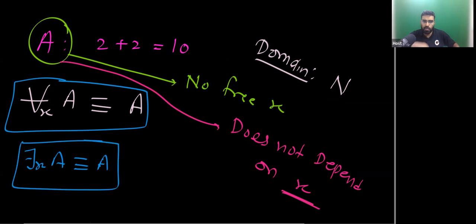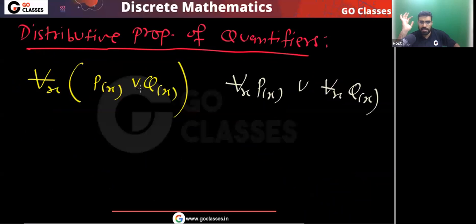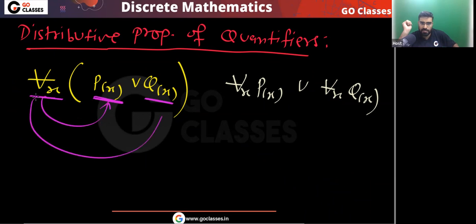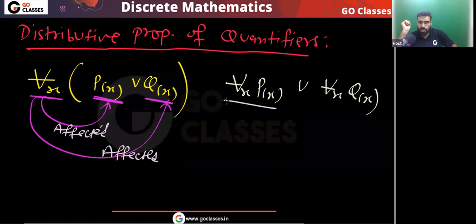Okay. Now you tell me one thing. In this expression, this is also affected by the universal quantifier. You can see they are affected by this universal quantifier. And this is also affected. Here also, this is affected, right? Correct.